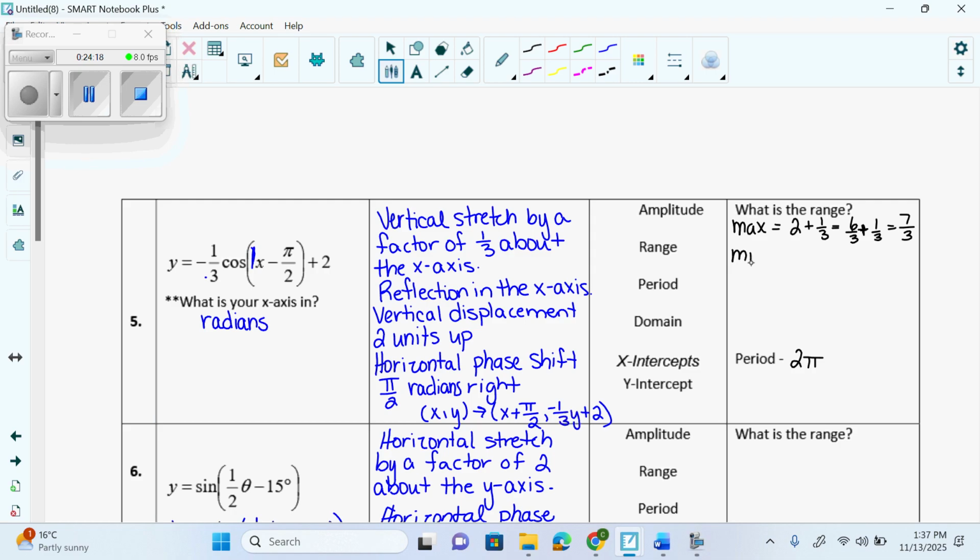And then my minimum is 2 minus 1/3, which is 6/3 minus 1/3, which is 5/3.